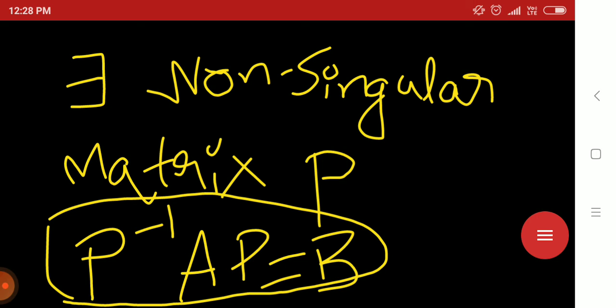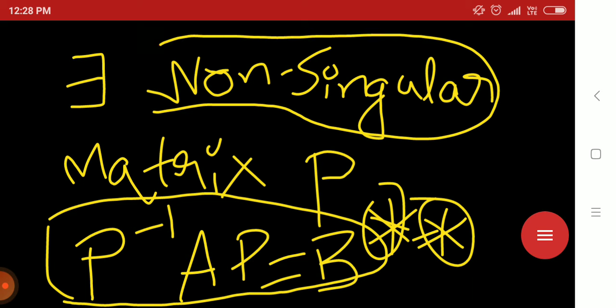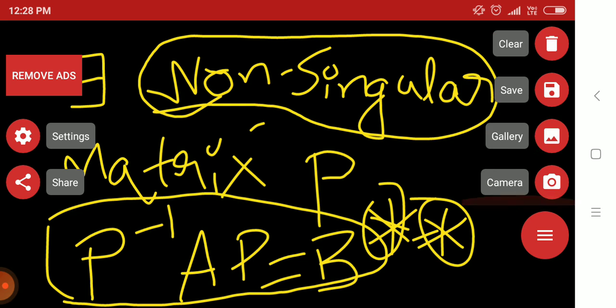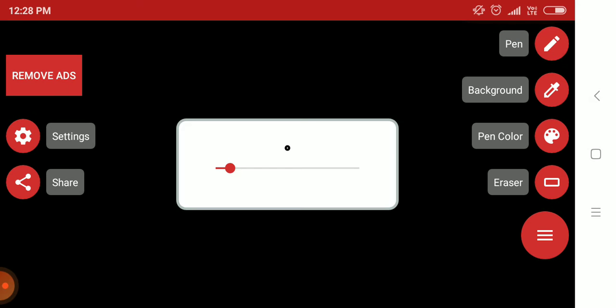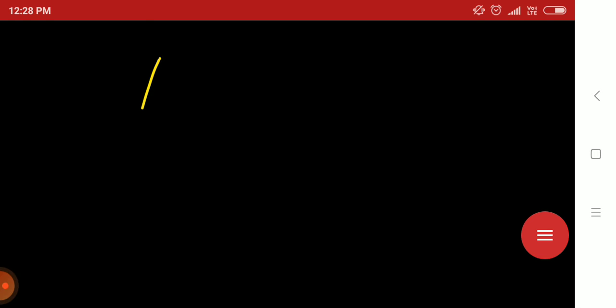Wait, this is a very important condition. Before entering into this, I'm going to discuss the terminology non-singular. Non-singular means what? First of all, before knowing the non-singular, you have to know the singular.